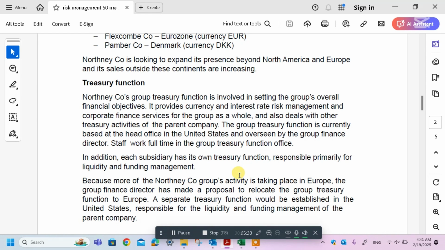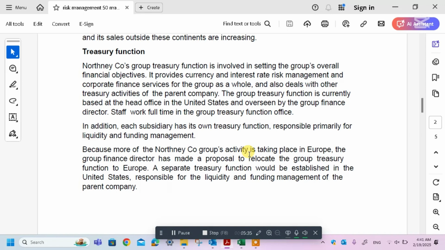Because more of the Northern Company group's activity is taking place in Europe, the group finance director has made a proposal to relocate the group treasury function to Europe. A separate treasury function would be established in the United States, responsible for the liquidity and funding management of the parent company.